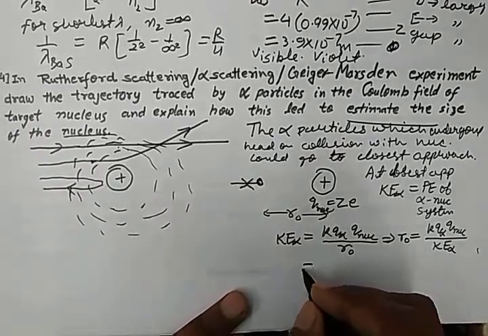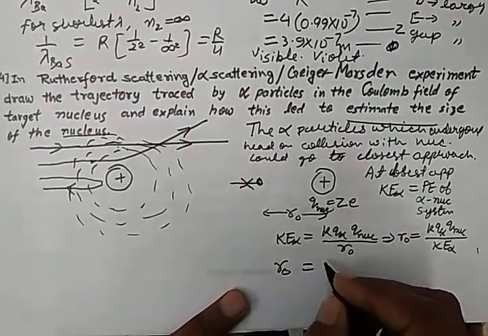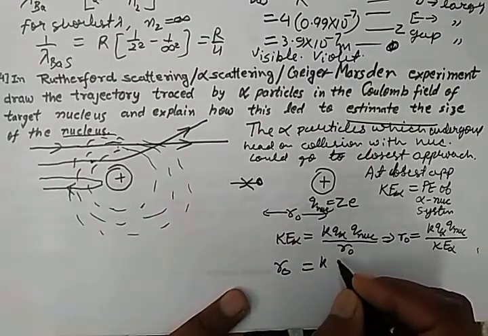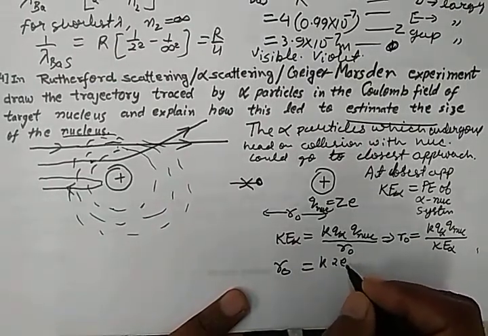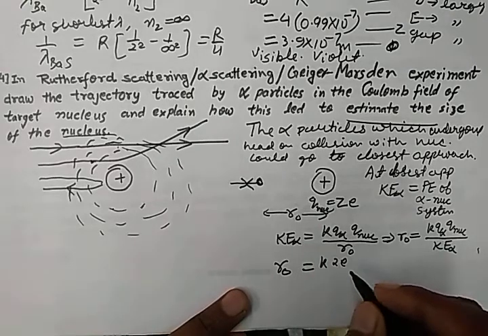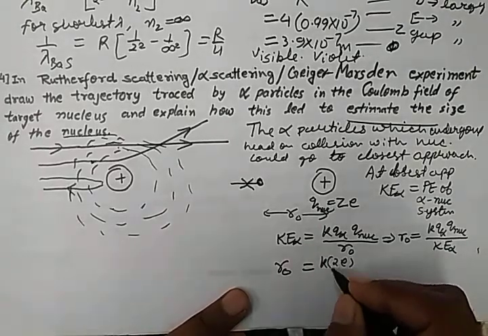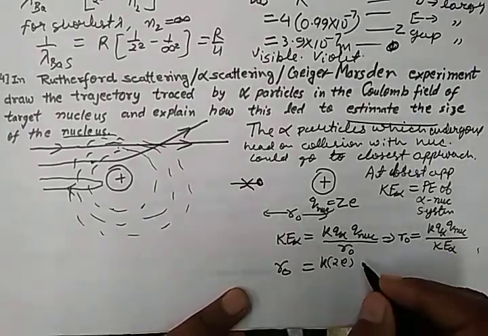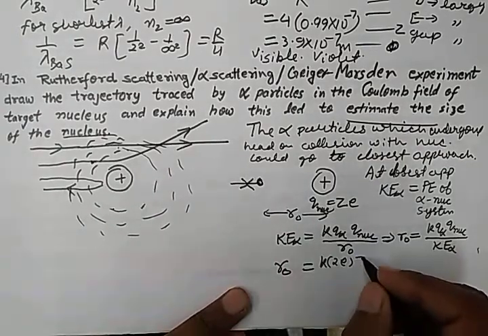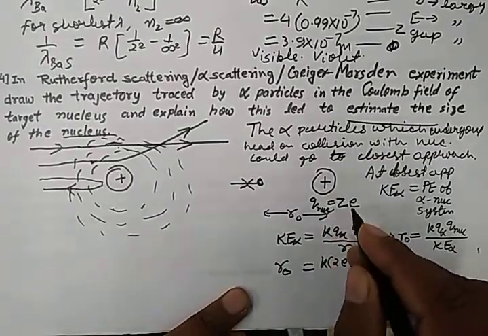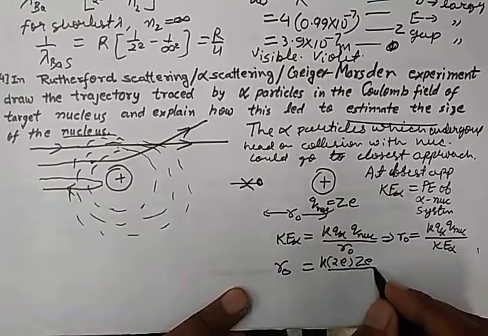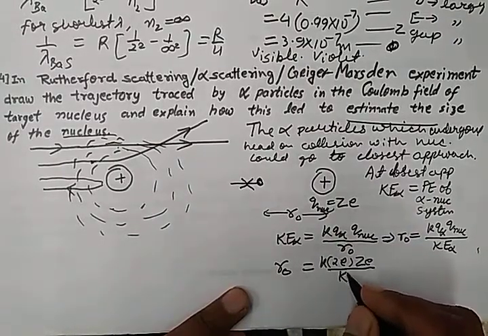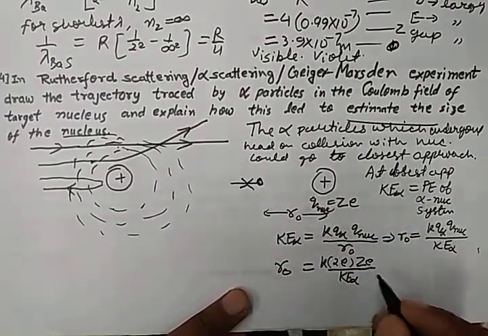Q alpha is 2e. We know the charge on alpha particle is 2 units, 2e, because there are 2 protons, and nucleus Ze, Z is the number of protons in that nucleus, upon kinetic energy of alpha particle. That's all.